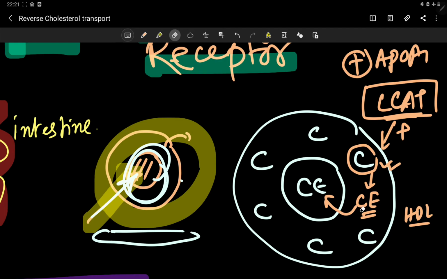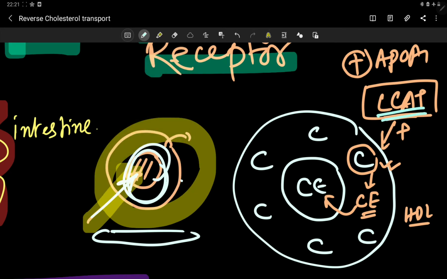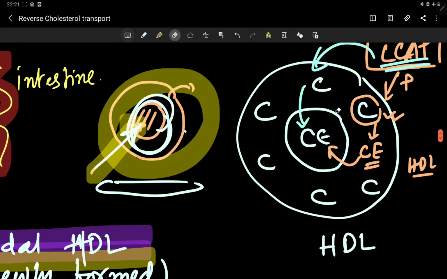Now what happens? The LCAT is once again activated, and the second molecule of cholesterol is converted into cholesterol ester and then moves towards the core. Then LCAT is activated further, converting more cholesterol into cholesterol ester, and this cholesterol ester is mobilized towards the core. That's how the size of the core increases. Why?